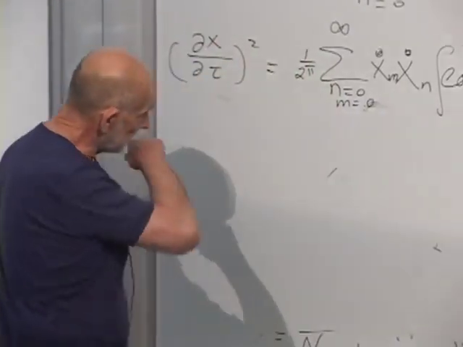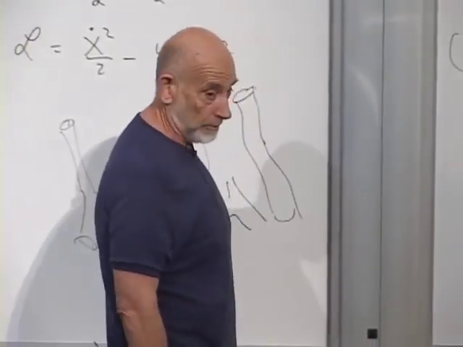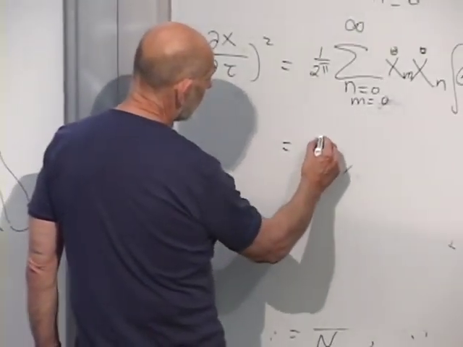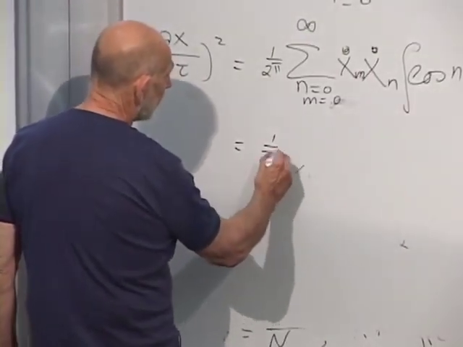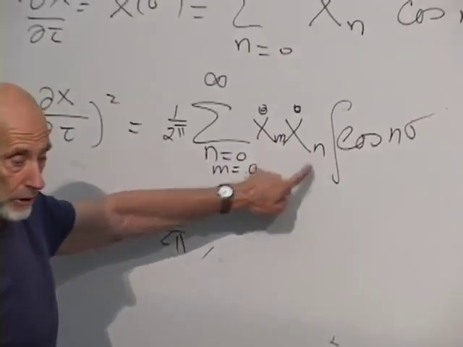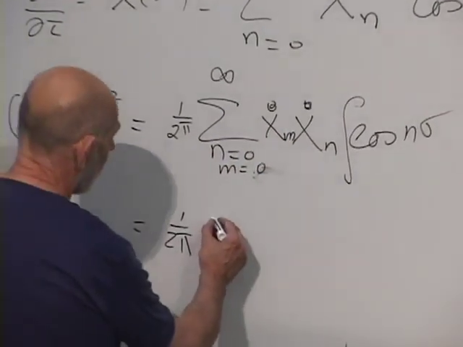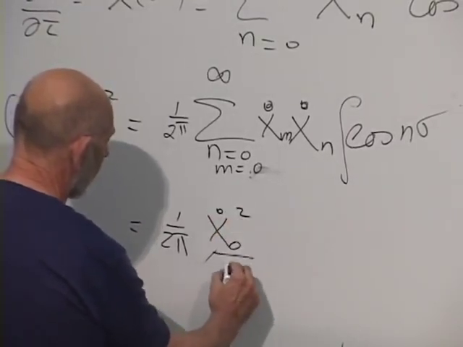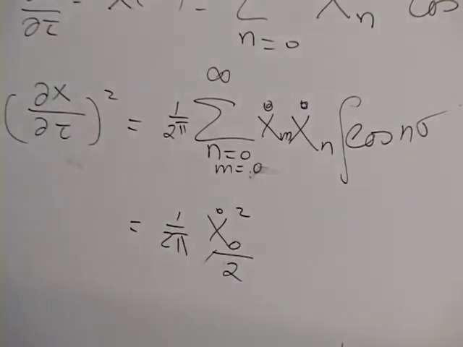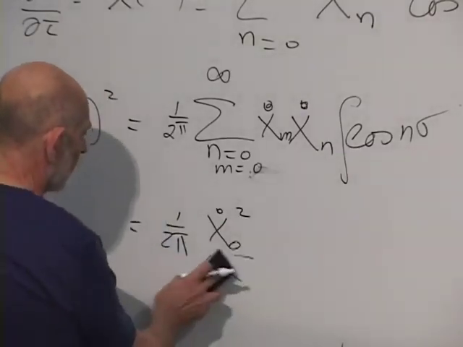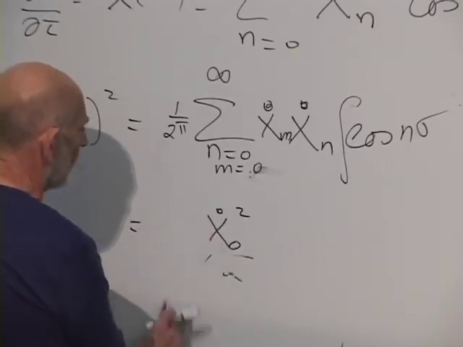So in other words, we're going to get a single sum, not a double sum. What will be in the single sum? It'll be 1 over 2 pi. Now, the first term is going to come from n equals 0 and m equals 0, and that is just x0 dot squared. No 2 at all, not even any pi.